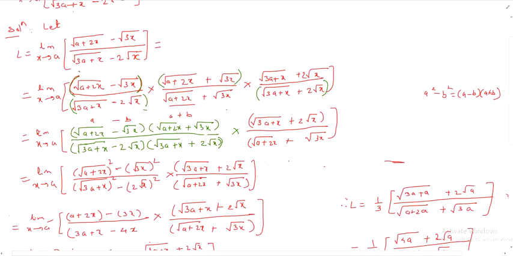You can see there we have to rationalize both, numerator and denominator. So verify this one and try to solve one more example of this type. Surely you will get that. Hope you have understood it.